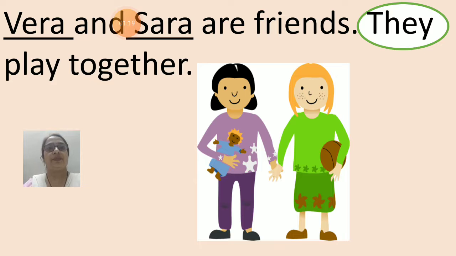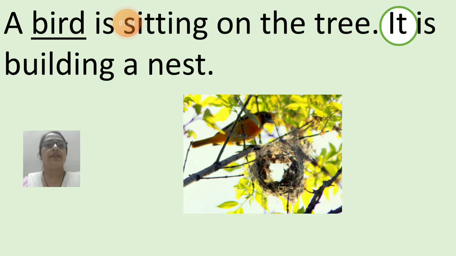Tina is a girl. She is 8 years old. Now here see. Vera and Sarah are friends. They play together. A bird is sitting on the tree. It is building a nest.